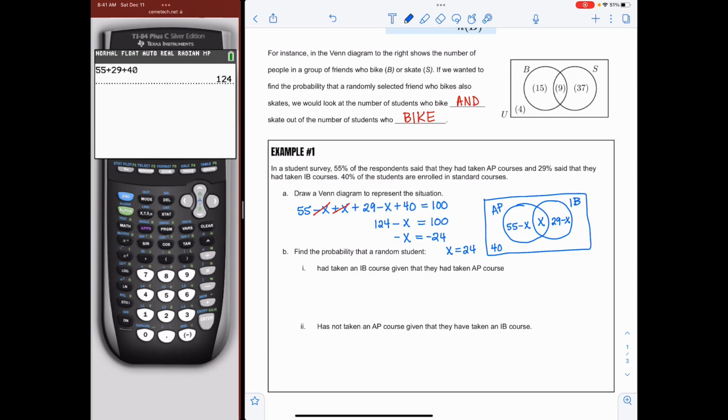So if I know that X is a positive 24 here, then I'm going to write 24 in the center. And then 55 minus 24 is 31. So here, instead of 55 minus X, we can do 31. And then 29 minus 24 is going to be 5.